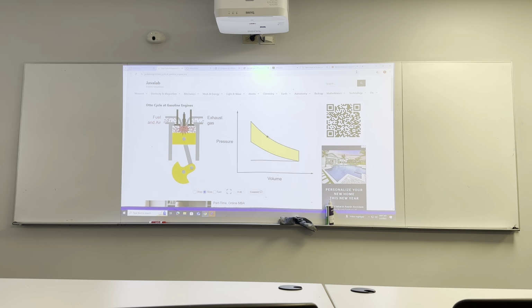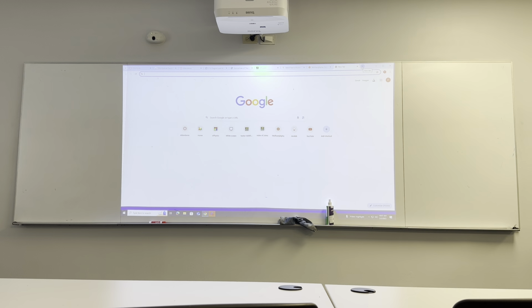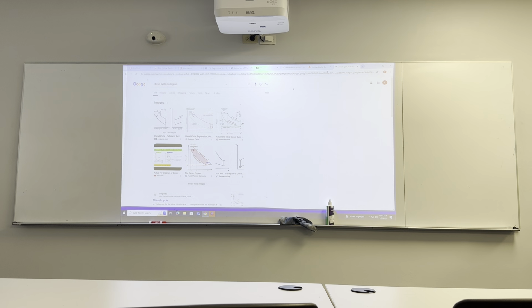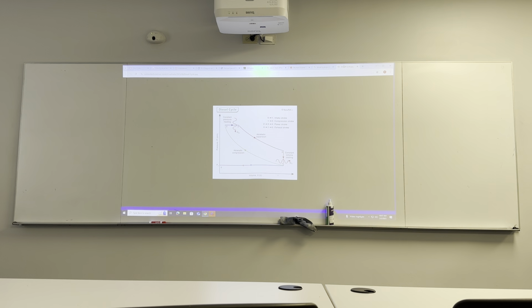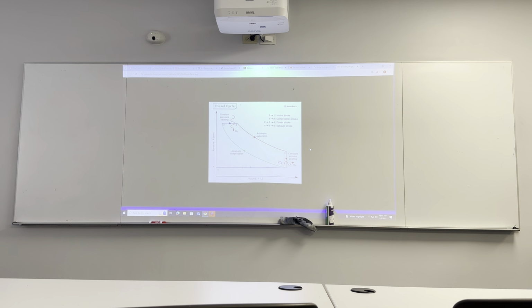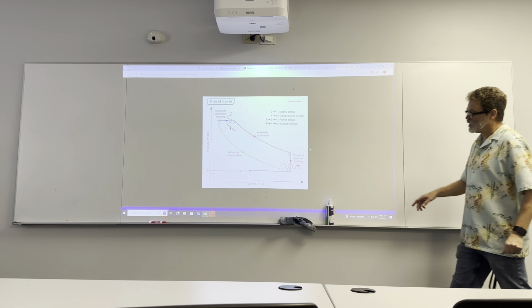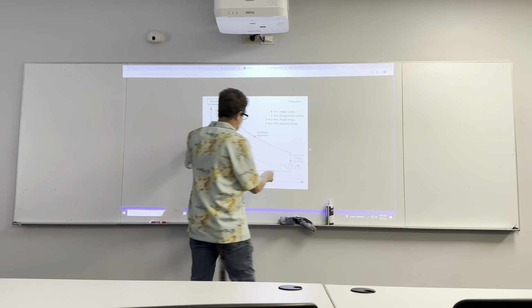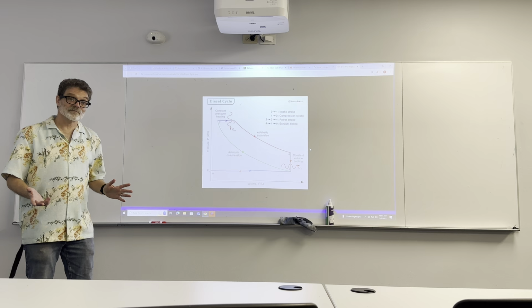We can look up the diesel. It looks a lot like the one we just saw, but those are isothermals, and now these are adiabatic.